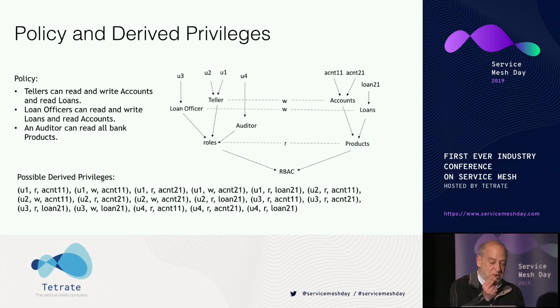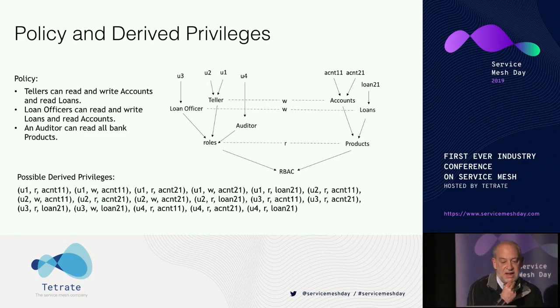So what we can do is derive, through the user hierarchy, access capabilities that are inherited up. So everybody, the loan officer and teller and auditor, all have read access to products. So the access capabilities are inherited up the user hierarchy, and access entries are inherited up the object hierarchies.